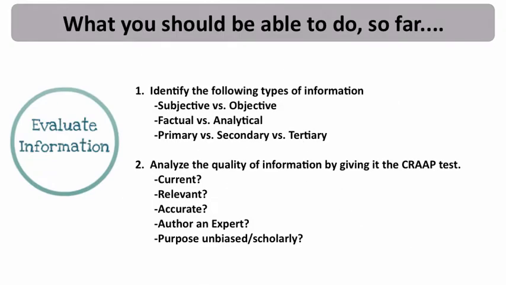And then next in evaluating information, of course, the CRAP test, you should be able to think about currency, relevancy, accuracy, authorship, and purpose of any information that you come across. And then in the readings, you should have gone over the following different types of information: subjective versus objective, factual versus analytical, and then primary versus secondary versus tertiary information.